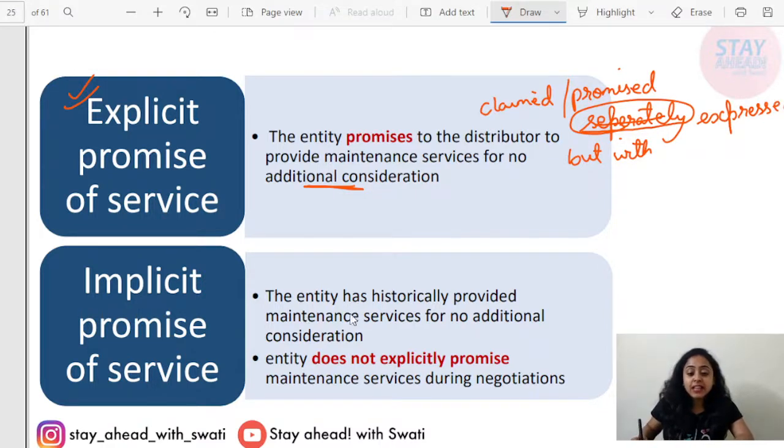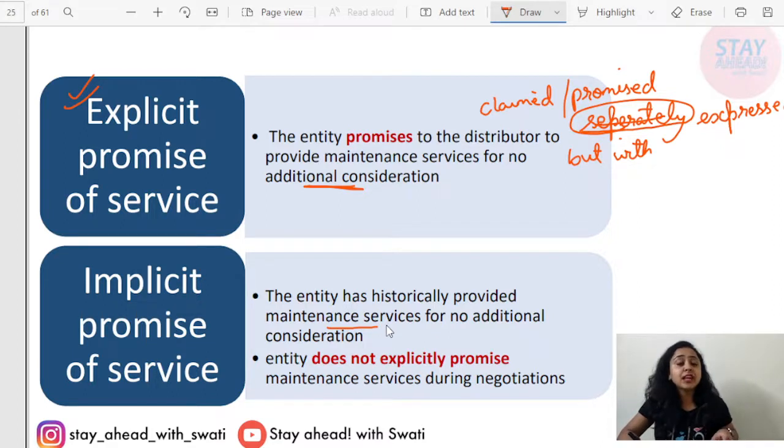For example, the entity has historically provided maintenance services for no additional consideration. This is business customary practice, due to which it is implied, as for years it has been doing this. Whenever you purchase a Hyundai car or Honda car or any other company car, there are specific terms and conditions.